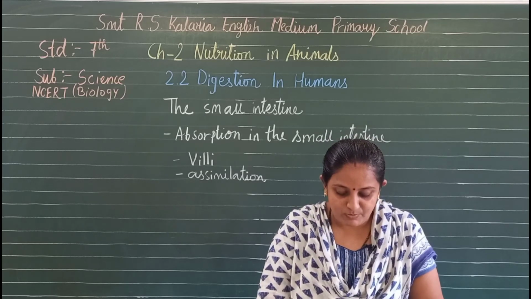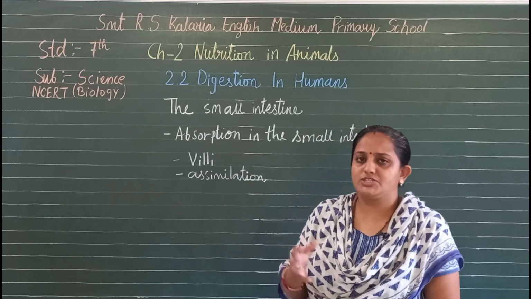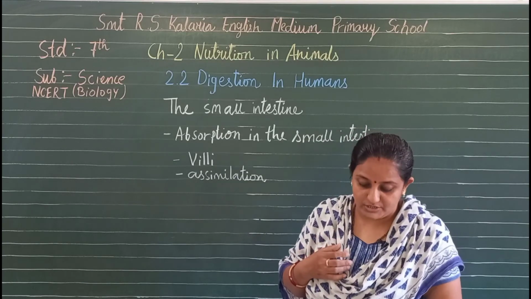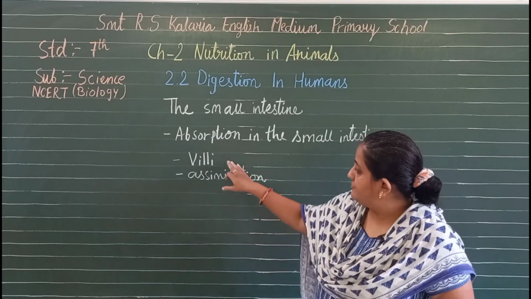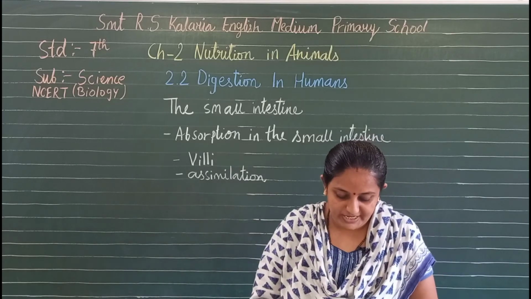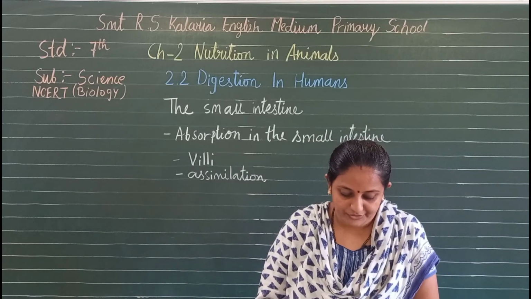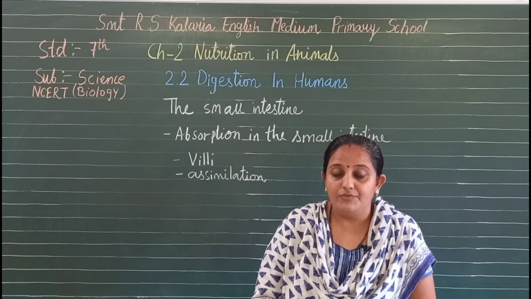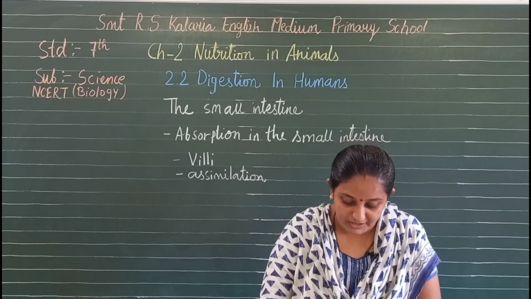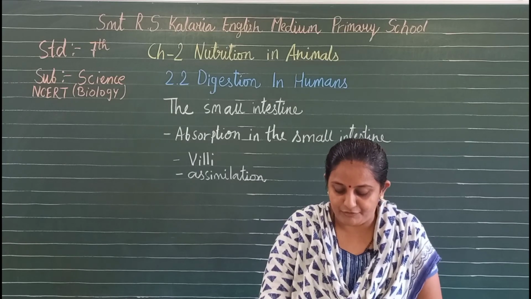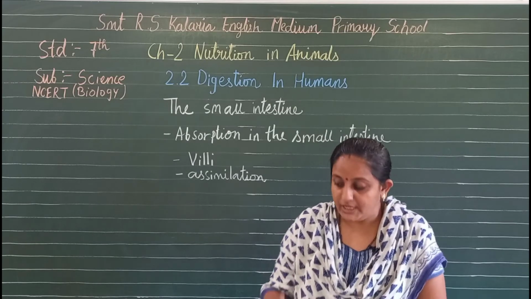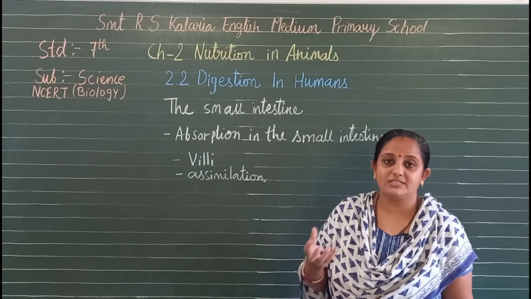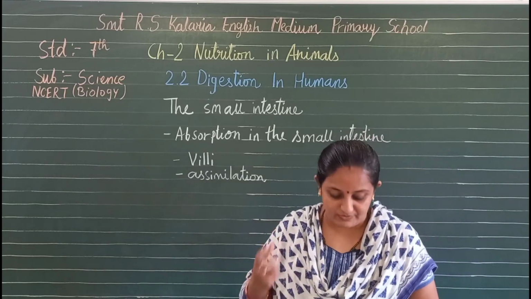The inner wall of the small intestine has thousands of finger-like outgrowths known as villi. The villi increase the surface area for the absorption of the digested food. ये जगह बनाता है वहाँ पे कि ज़्यादा से ज़्यादा digested food का absorption वहाँ पे हो.